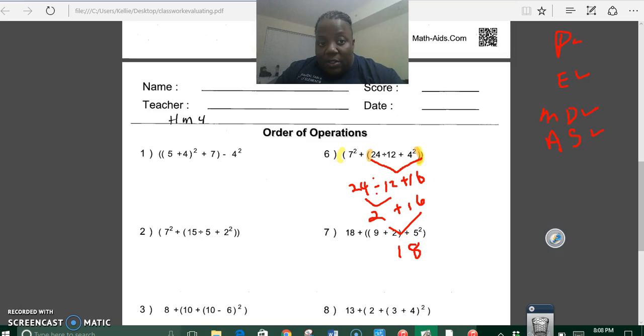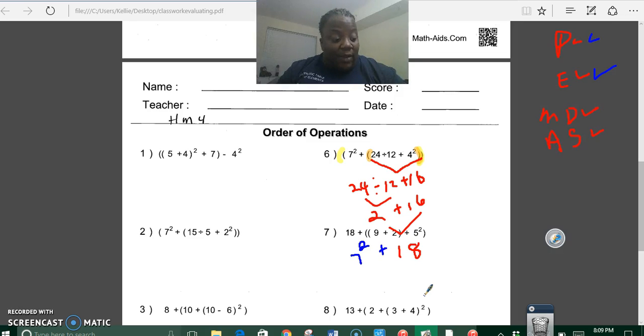Let me change my color so you can see it easier. Now all I'm going to do is bring down what's left, which is the outer set of the parentheses, which is that plus sign and the 7 squared. And basically I start over with my PEMDAS. No longer am I in the inner set of parentheses, so I'll do the exponent for this one, which is 7 times 7.